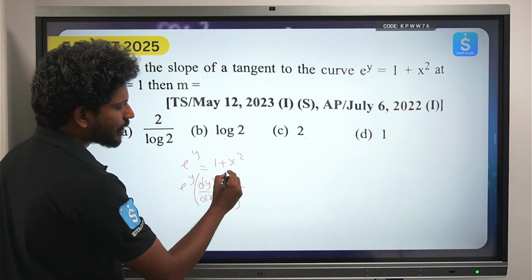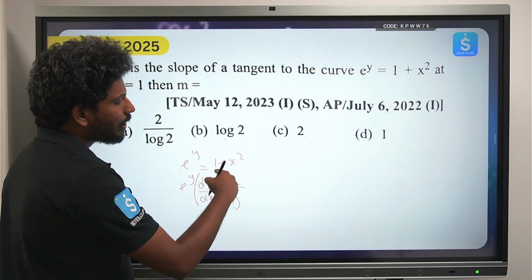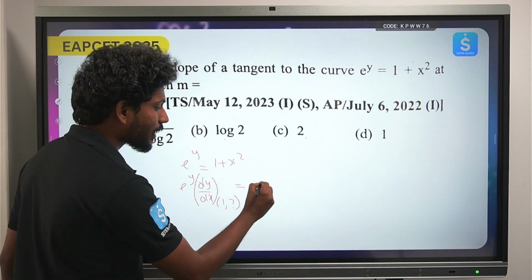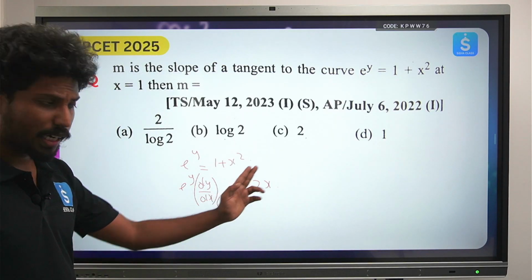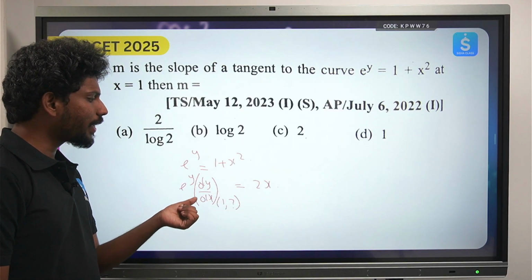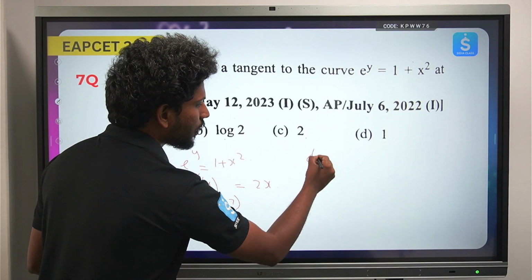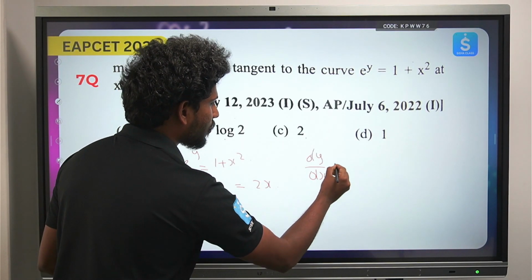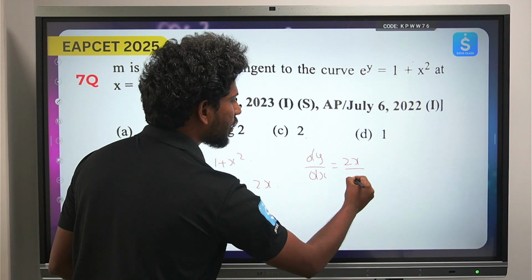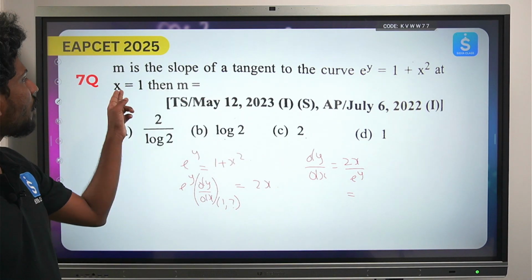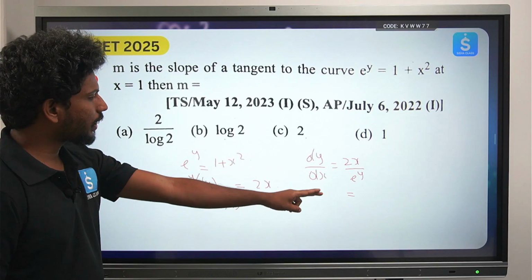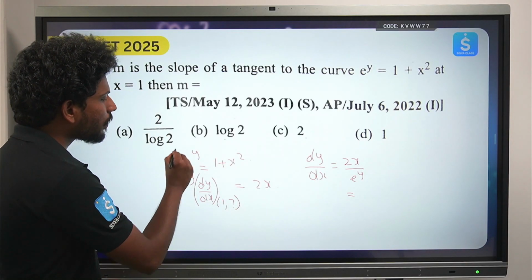So this is equal to e power y into dy by dx, and the differentiation of x square is 2x. Now if you observe here, dy by dx is equal to 2x by e power y. Now what is the value of x we have, that is 1, but e power y is nothing but 1 plus x square.